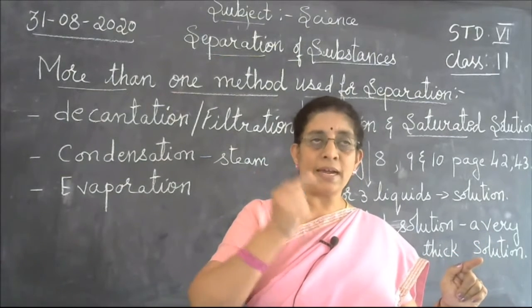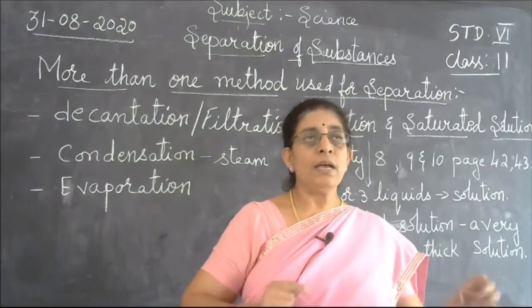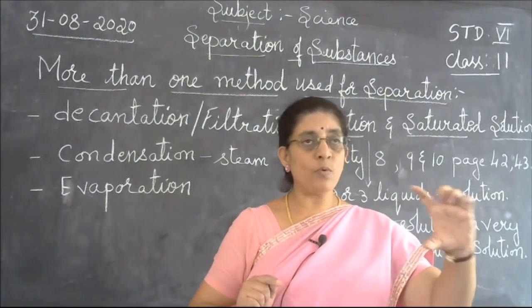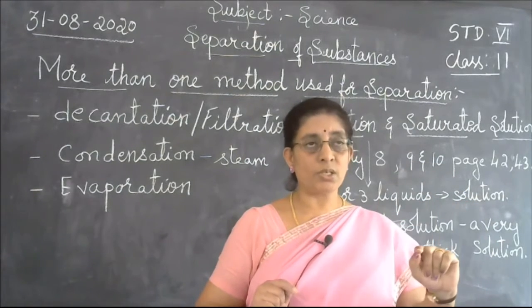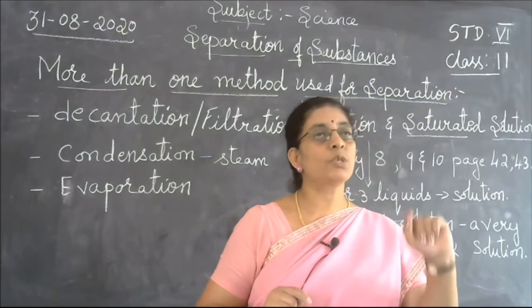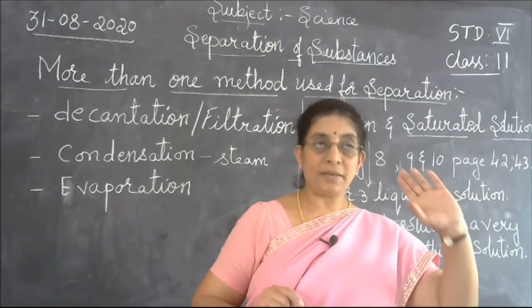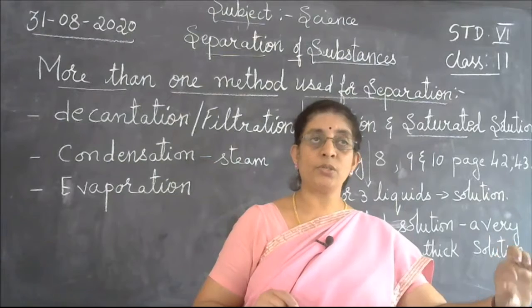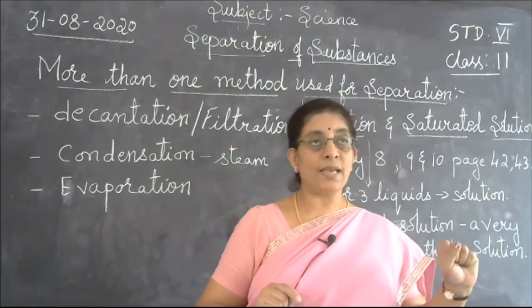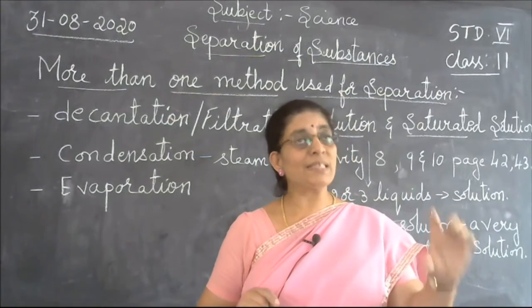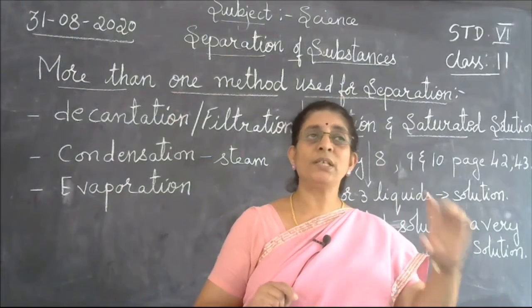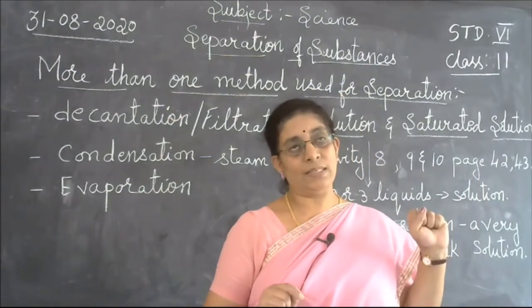As you keep on adding one after the other, there will be a time when the sugar or the salt never gets mixed with water. However much you stir, it will remain the same, because only that much is the capacity of the water to dissolve the substances.